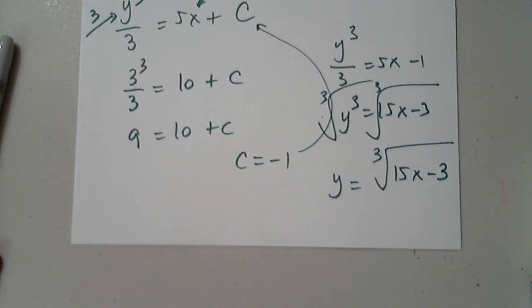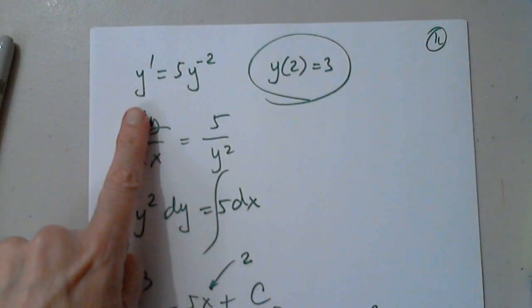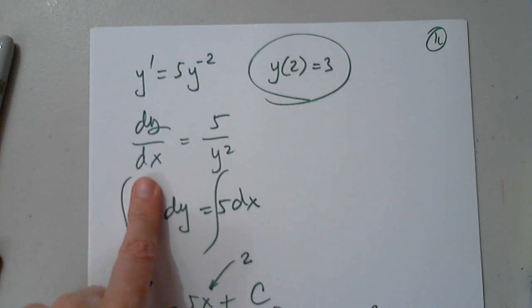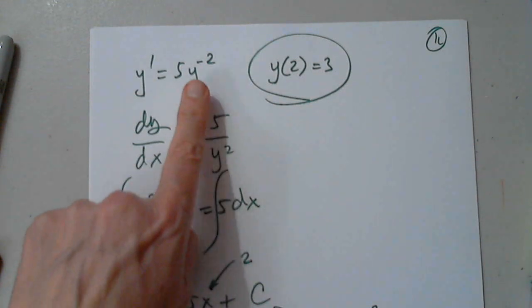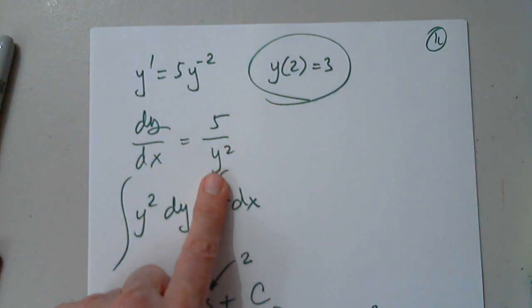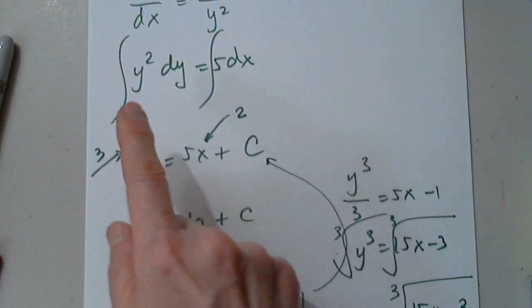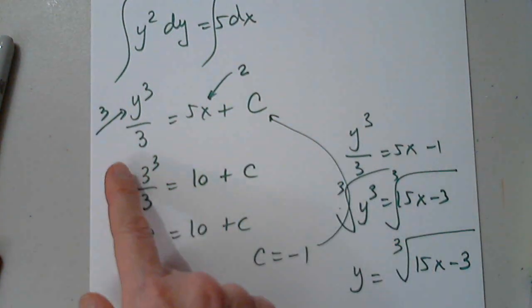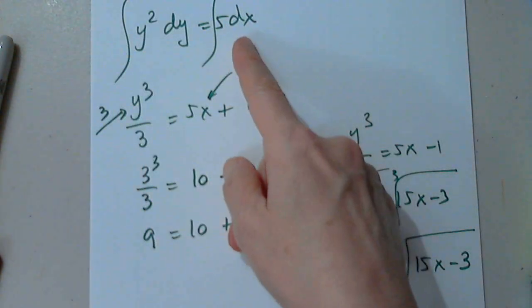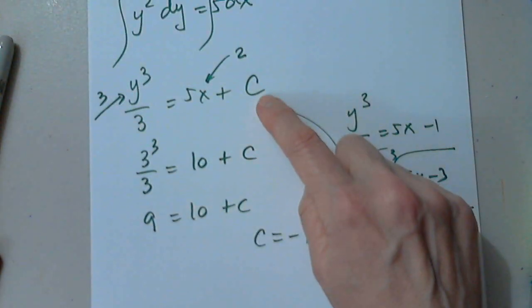In case I'm given an initial condition, again, what does this mean? Ah, they're trying to trick us. Cross multiply to separate the variables and integrate both sides. When I integrate this, I get this. When I integrate this, I get this with a constant c.